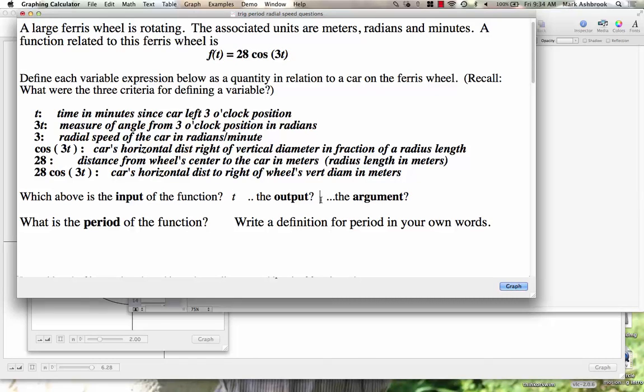What's the output of the function? Which one of these things is the output? Cosine 3t is the output. No, the whole thing, right? 28 cosine 3t. Okay, what's the argument? That's 3t.